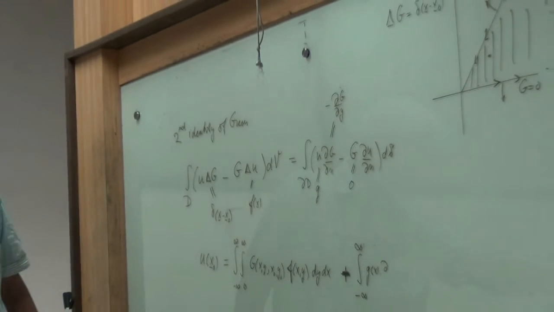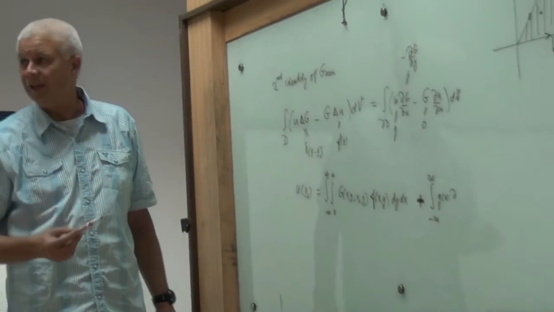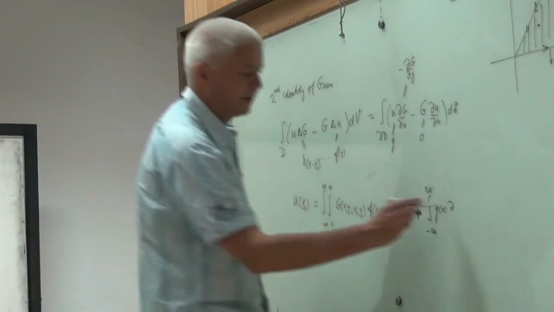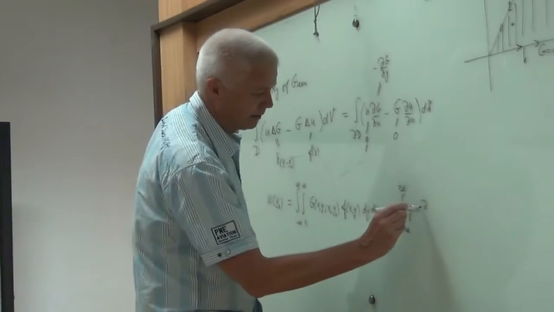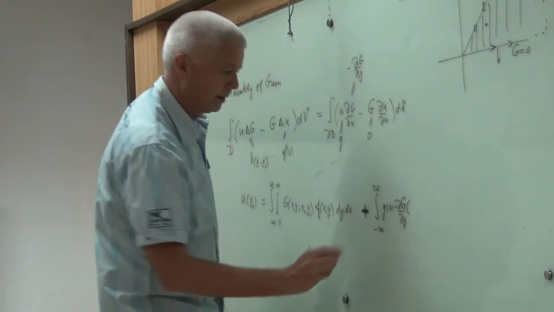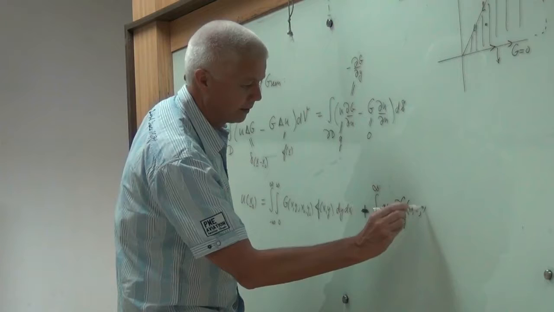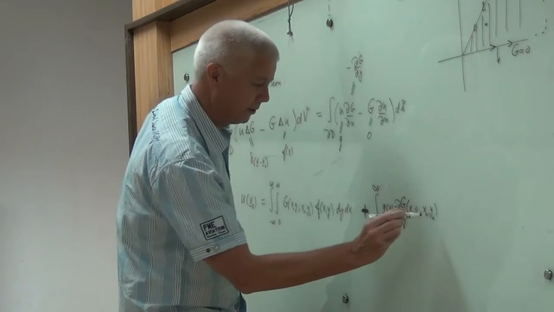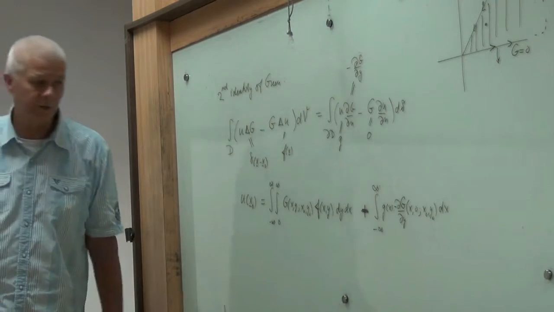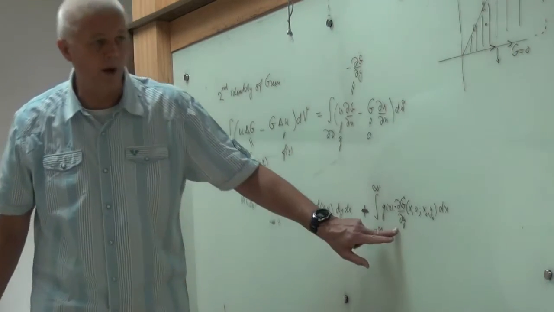Because the normal vector is downward, and that's the negative y direction. So dg/dn is equal to minus dg/dy. So we will get over here with a minus sign, dg/dy at x0, y0, dx. And here you have your answer.